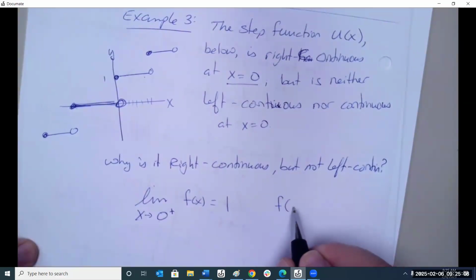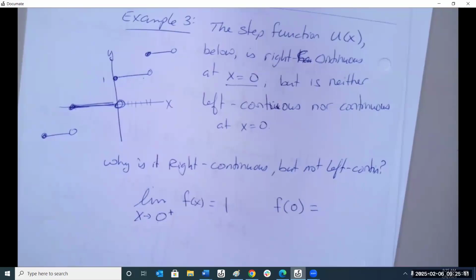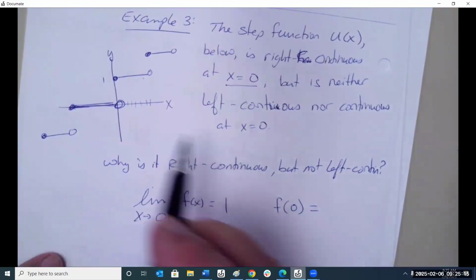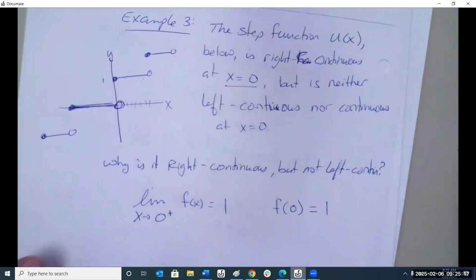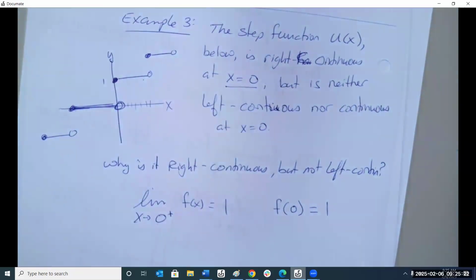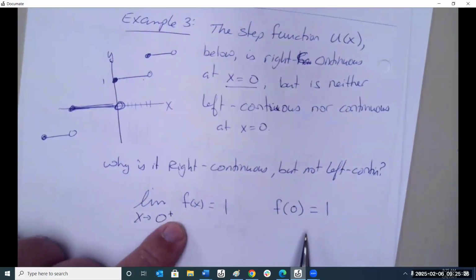What is the function at 0? At 0, it's 1, because there's a solid dot right there. That's why it's right continuous.